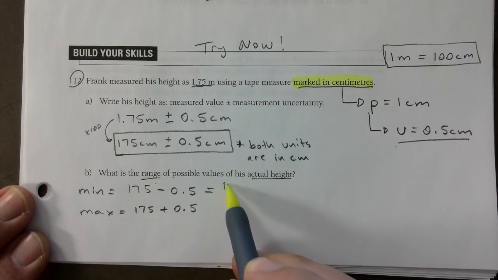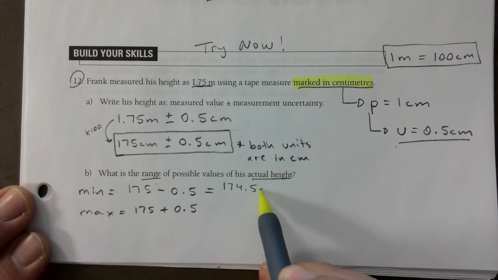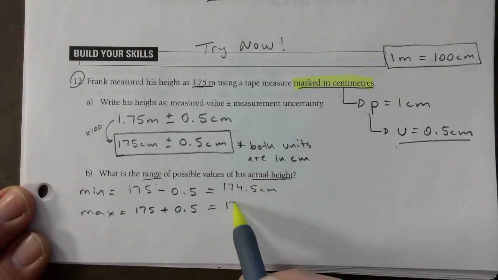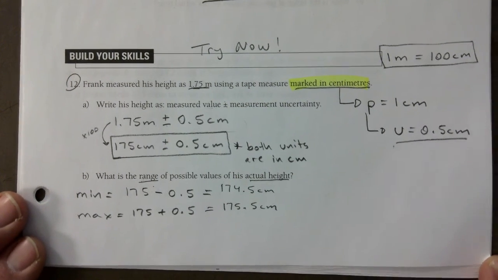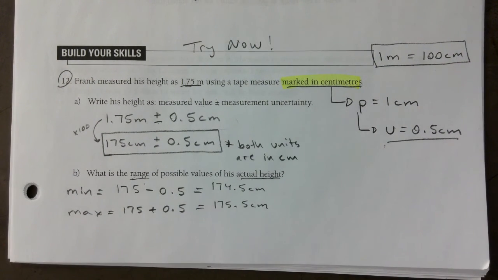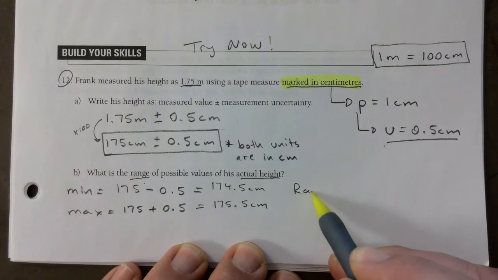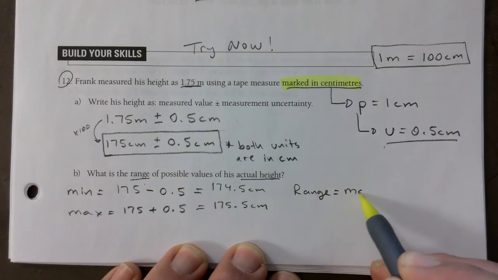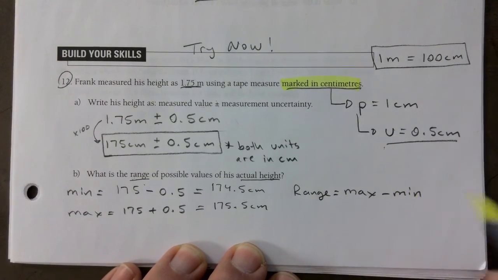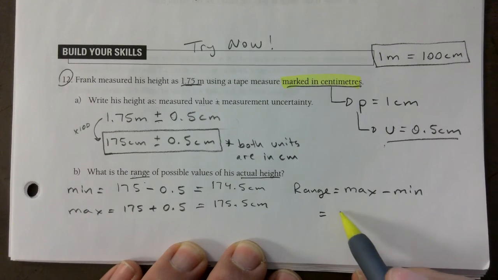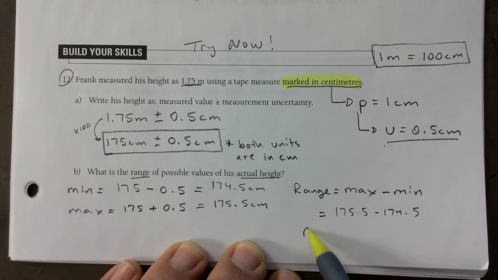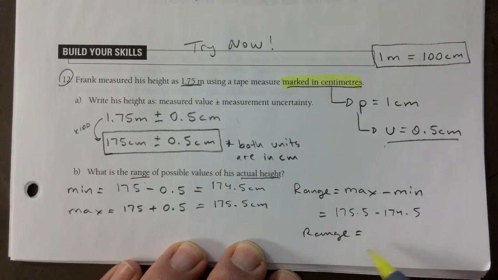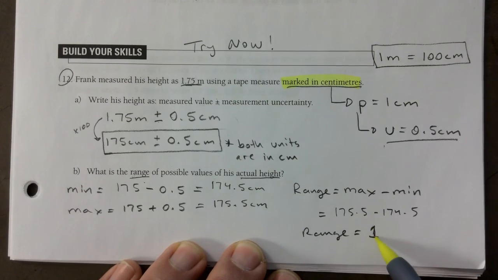So this will be 174.5 centimeters, and this will be 175.5 centimeters. Now we can figure out the range, because the range is taking the max and subtracting the min from it. So we take 175.5 minus 174.5. So the range is 1 centimeter.